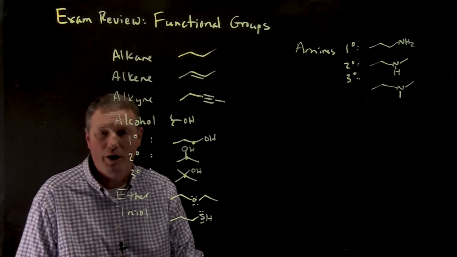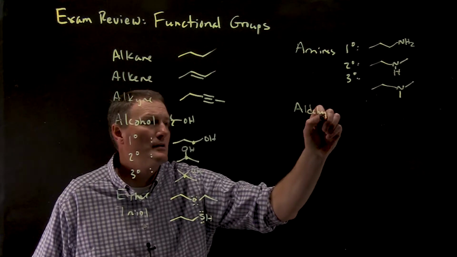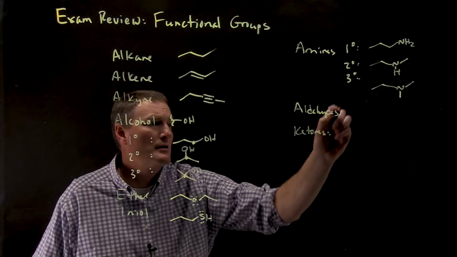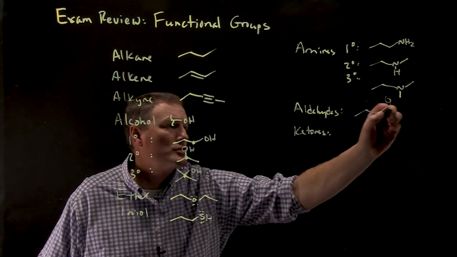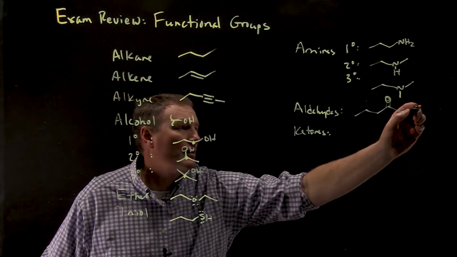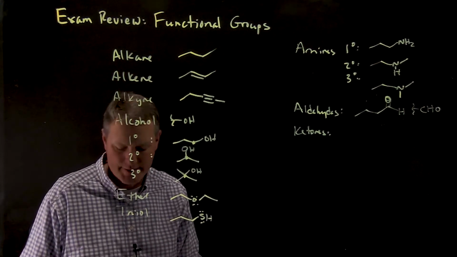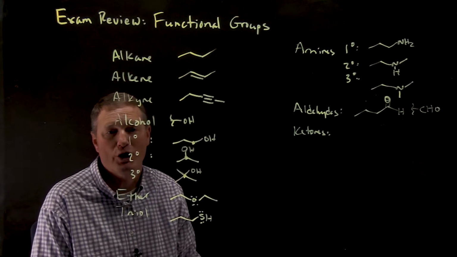All right. We also talked about aldehydes and ketones. So an aldehyde is a carbonyl group which has a C double bond O H, can often be abbreviated as CHO.